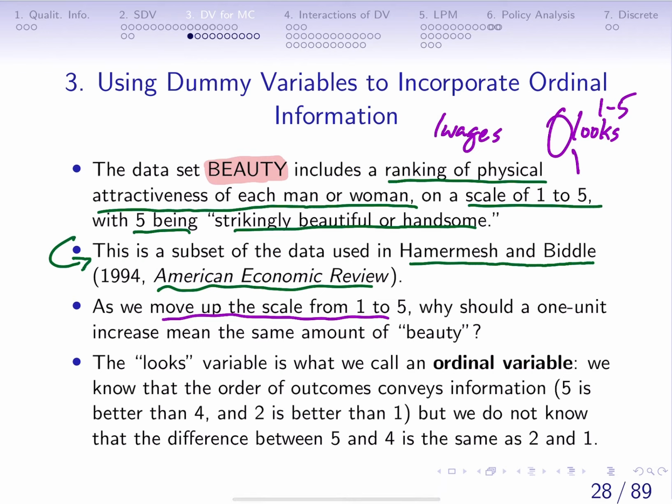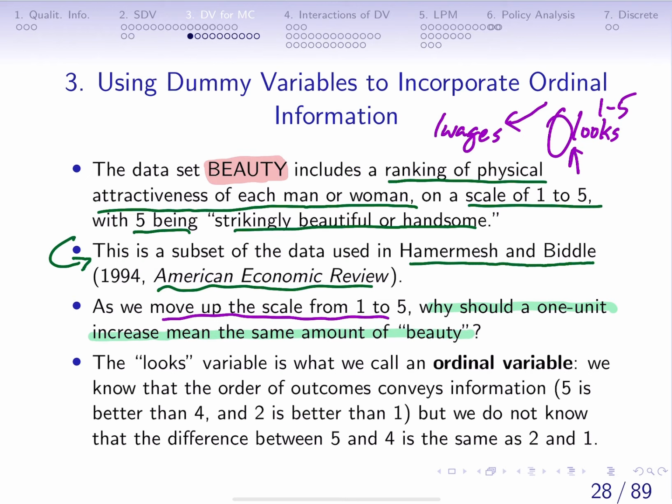So basically it tells us if looks were to go up by 1, then what is the percentage change in wages, right?